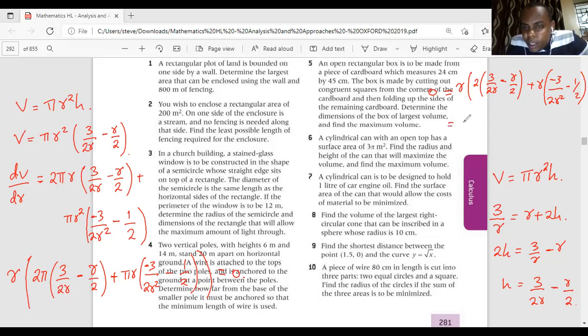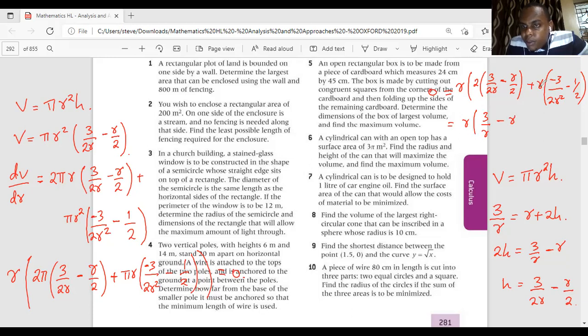So let's distribute. So this is going to be r. If we distribute the 2 over, this will just become 3 over r, right? Yeah. Minus r.